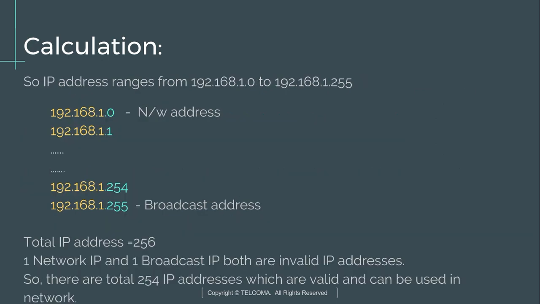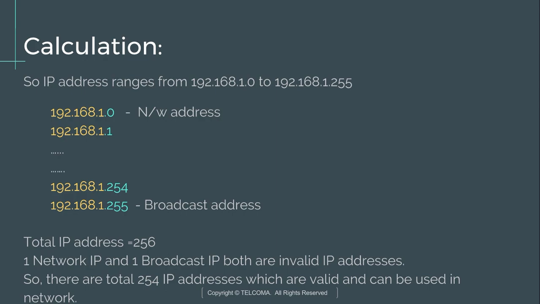Now we will calculate the range of the IP addresses. The range lies between 192.168.1.0 to 192.168.1.255. It means the range between the network address and the broadcast address are the other IP addresses.